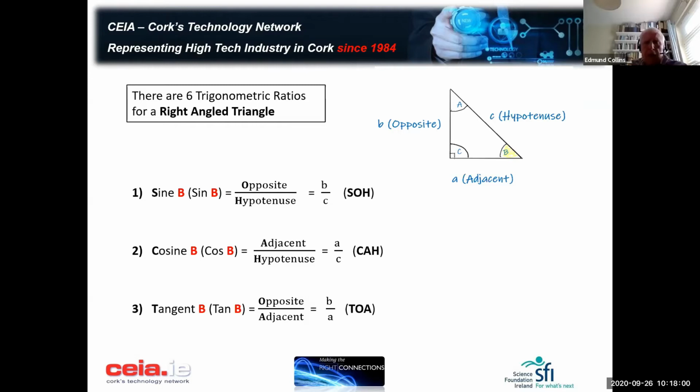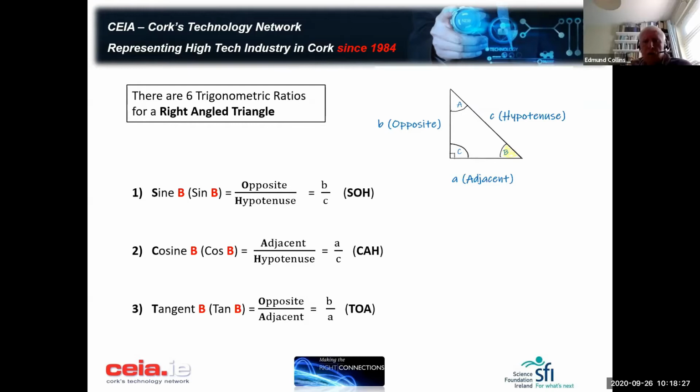So I'm going to use the triangle here at the top of the slide, and I've used the convention that the angle is shown in uppercase B, and the line opposite the angle is shown in lowercase b, and similarly for the adjacent and the hypotenuse.